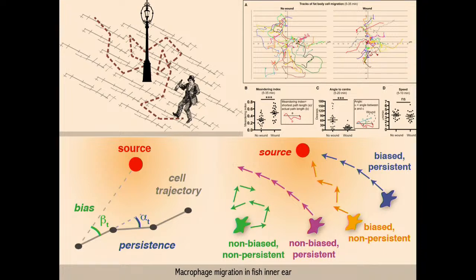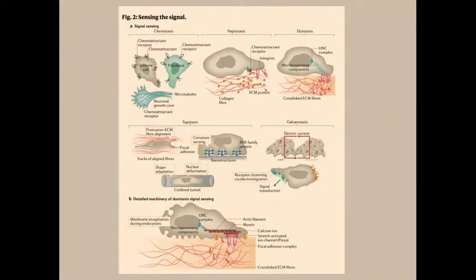Invariably, you will see that there is persistence, meaning that the cell moves for a substantial duration in a directed way, rather than just having a random trajectory.